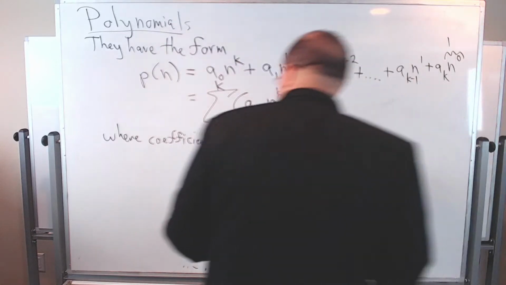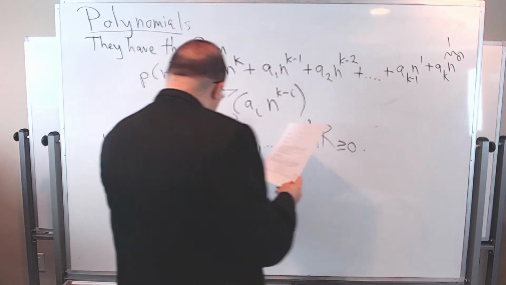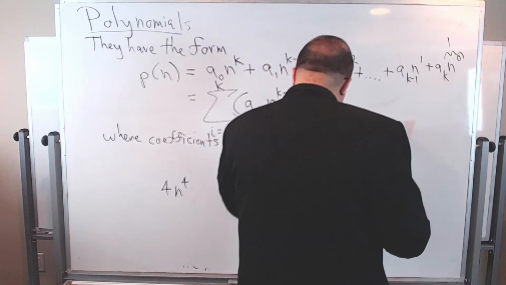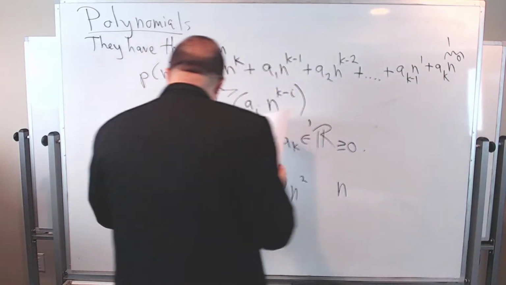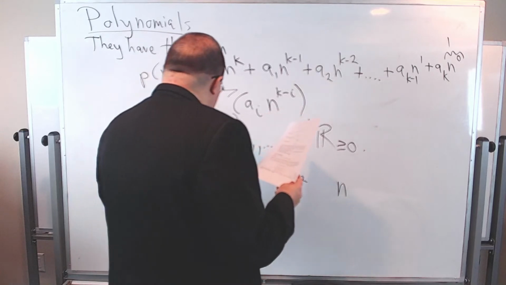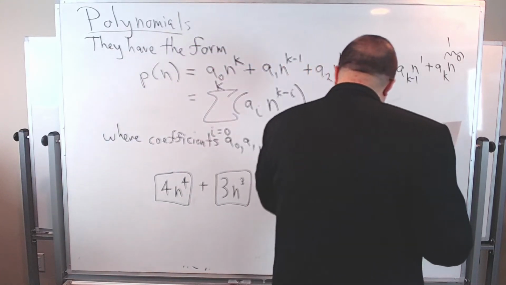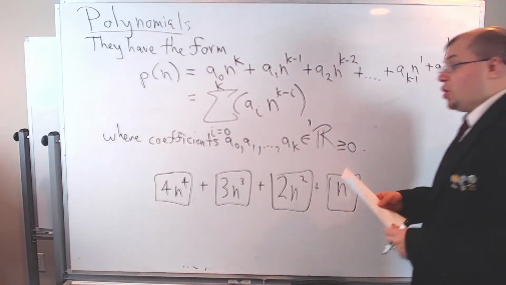It looked like this: 4n to the 4, 3n cubed, 2n squared, n. Now I want you to imagine each one of these terms, and imagine these have a toggle switch on them.